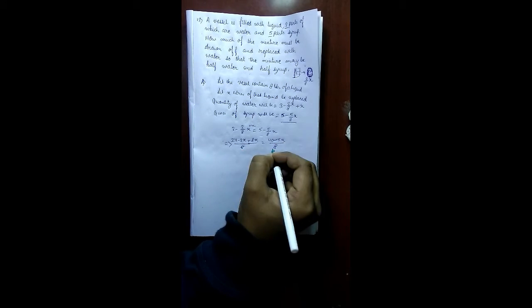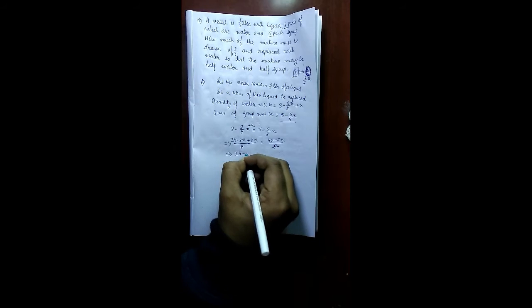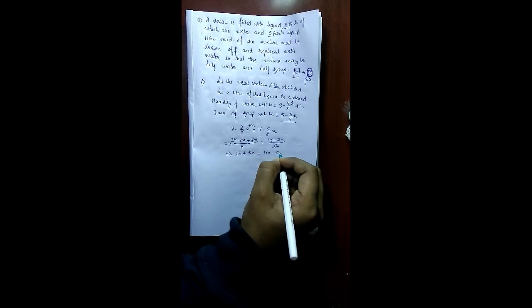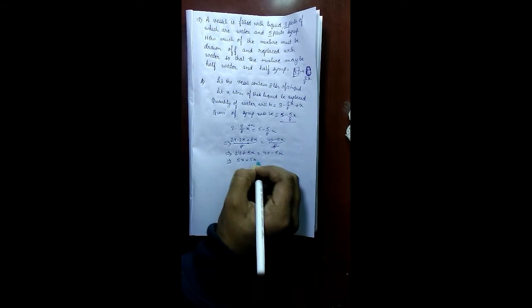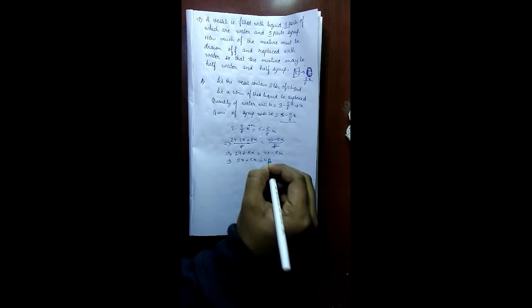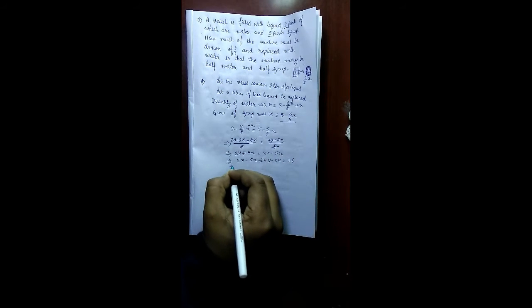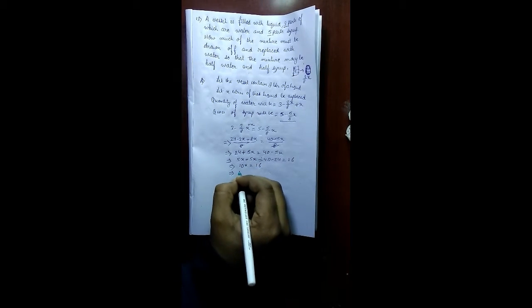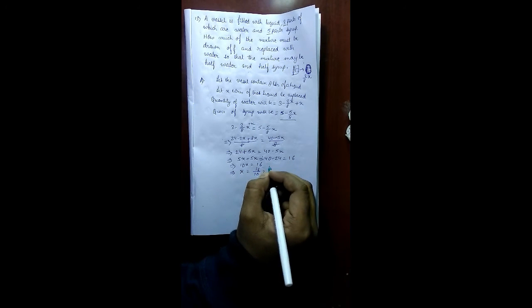The 8 gets cancelled out. Now we have 24 plus 5x equals 40 minus 5x. Now 5x plus 5x comes to this side and 24 goes to that side, so 10x equals 40 minus 24, which is 16. So x equals 16 by 10, which means 8 by 5.